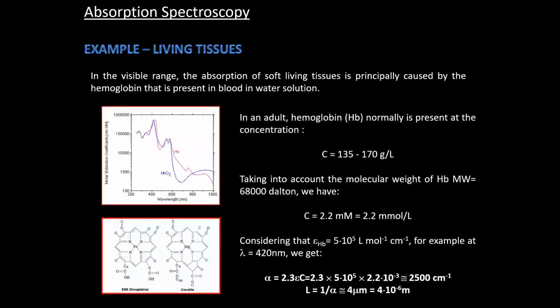That is, we gave this example, living tissues, and we have shown that in the case of hemoglobin, hemoglobin has a strongly wavelength dependent extinction coefficient, so it can absorb light in a different way in the ultraviolet and blue regions.